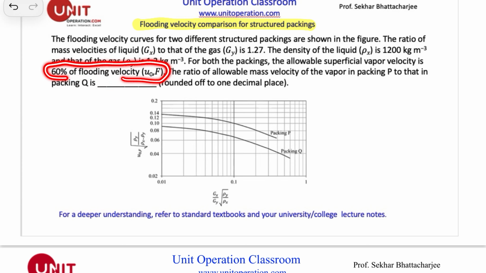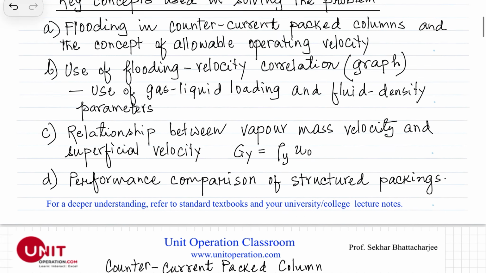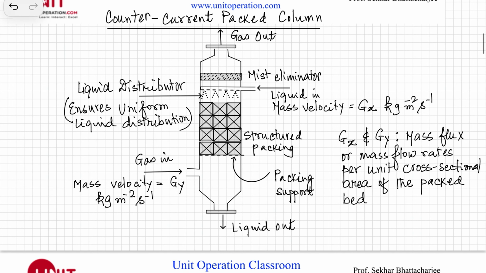We'll try to have an idea what the flooding velocity is, and then we have to find out the ratio of the allowable mass velocity of the two packings, P and Q. So we'll try to have an idea about what mass velocity is. For the allowable mass velocity, first we have to find out the flooding characteristics and then we'll calculate the allowable mass velocity. Before we discuss this particular figure, let's look at the column.